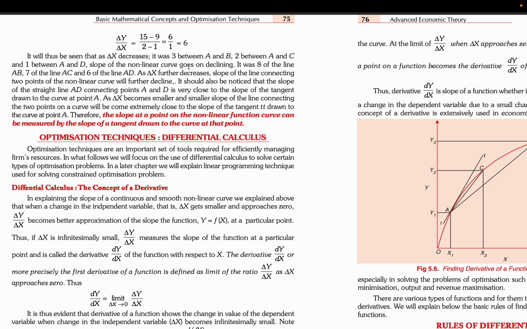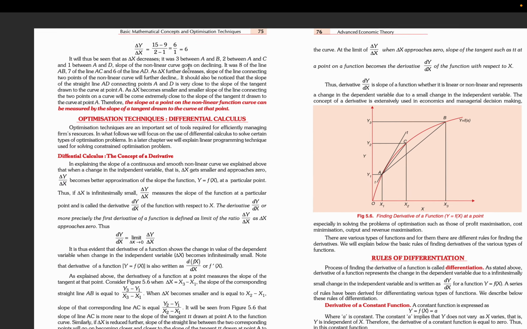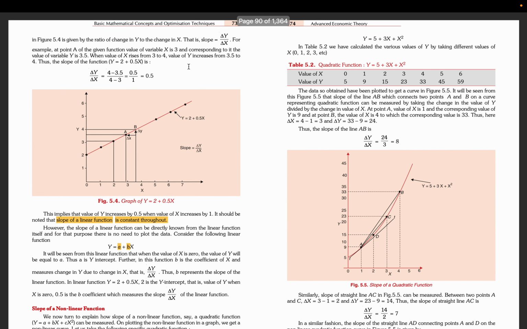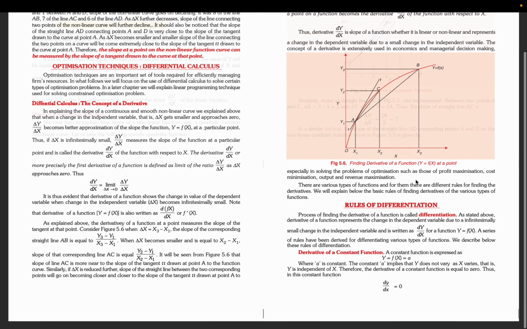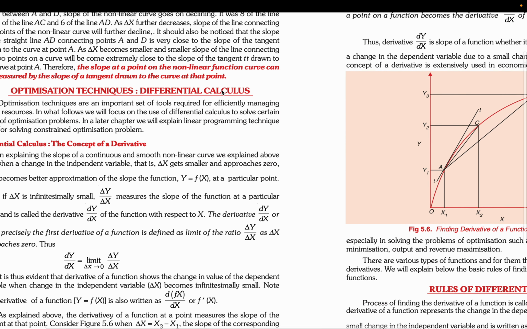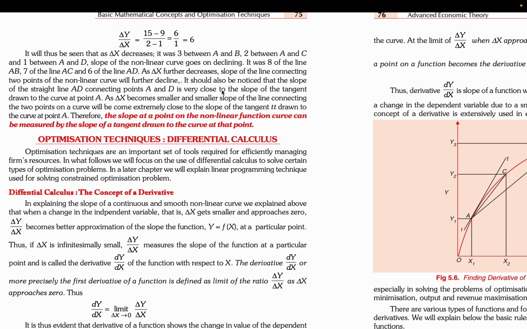If it's a curve like this, the slope keeps on decreasing. It was 8 for the line AB, 7 for AC, and 6 for AD. As delta x further decreases, the slope of the line connecting 2 points of a non-linear curve will further decline.